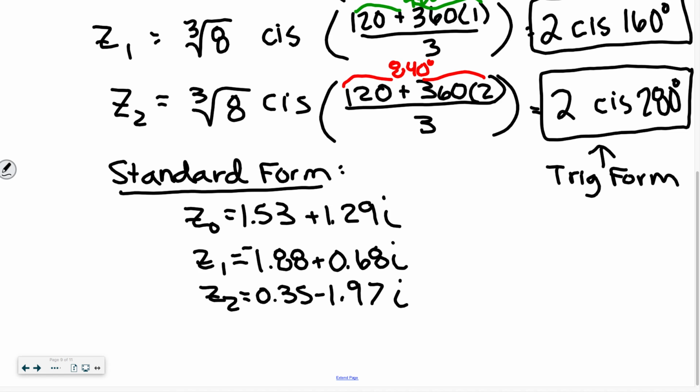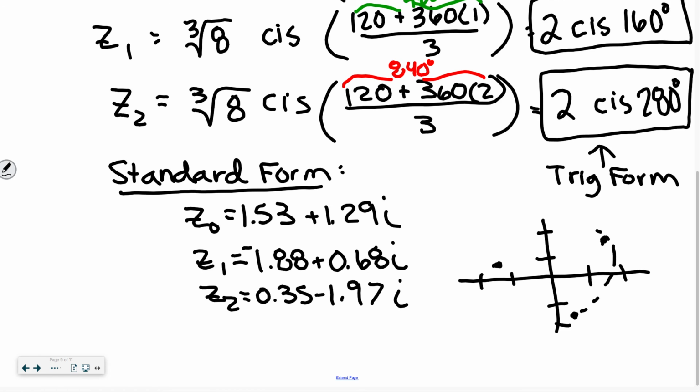Now, on a quick side note, if I plot these standard forms, 1.53, 1.29, negative 1.88, 0.68, and 0.35, negative 1.97, that's where my roots are.